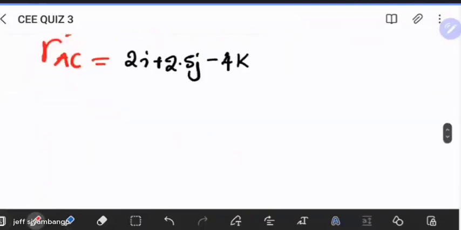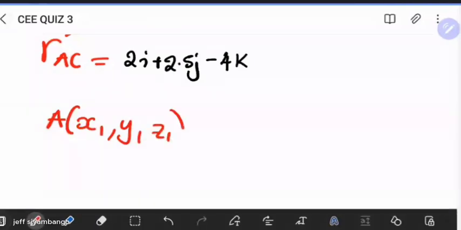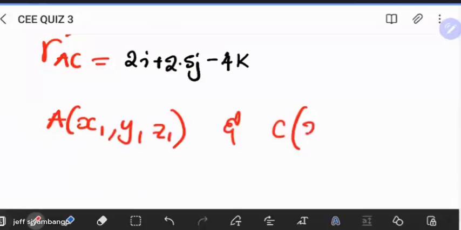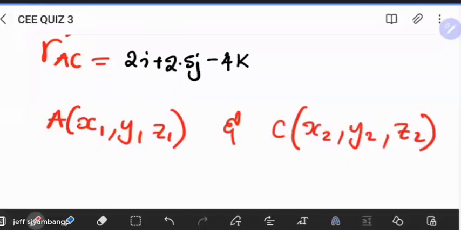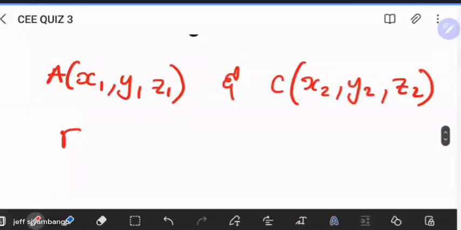To understand where C is, let me start by saying, if I have two points, A as (x1, y1, z1) and another point C as (x2, y2, z2), then the displacement vector from A to C will be given by the difference, the final minus the initial.